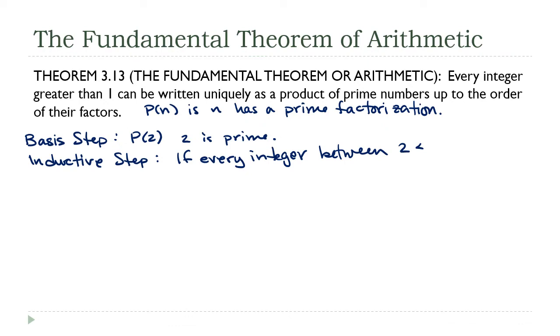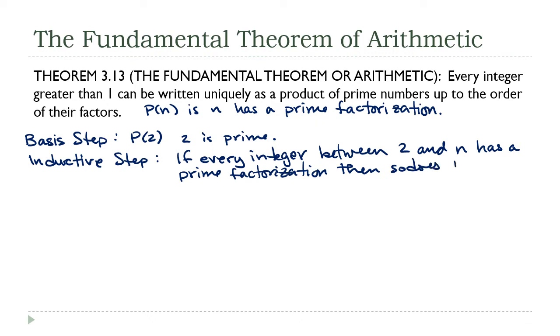Let's say if every integer between 2 and n has a prime factorization, then so does n plus 1.